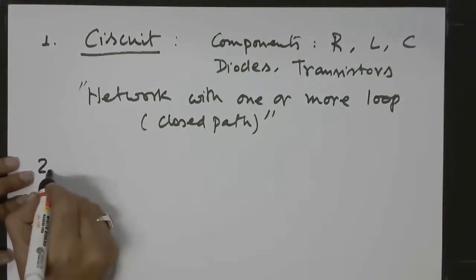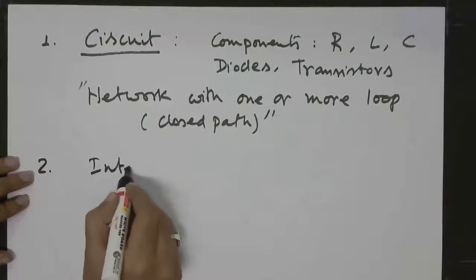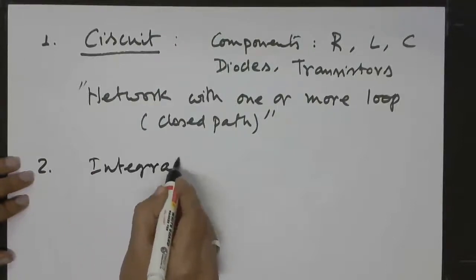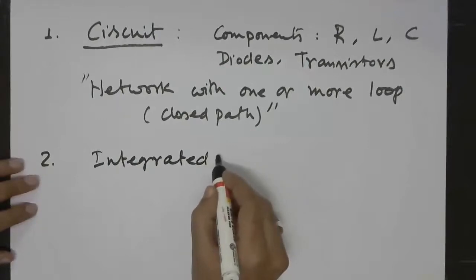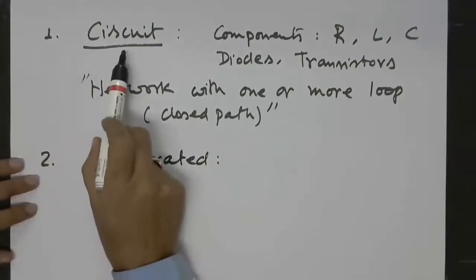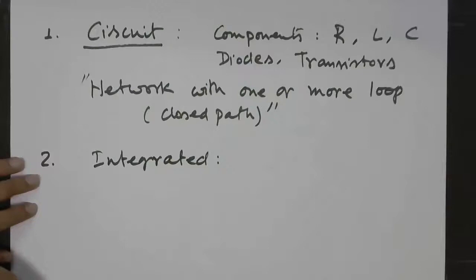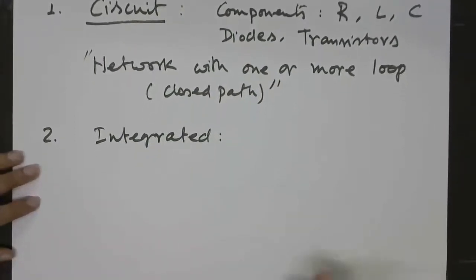So now the second word is integrated. If you talk about circuits, then a circuit can be implemented in real life, that means fabricated in real life, in two different ways.